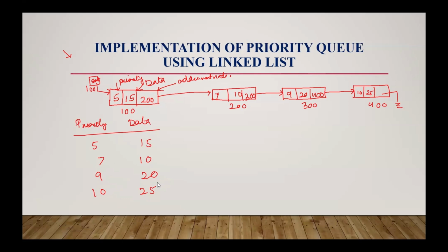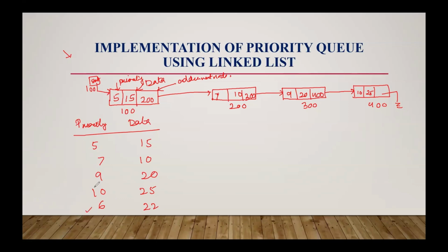For example, we want to store another piece of information: priority value is 6 and the data we want to store is 22.